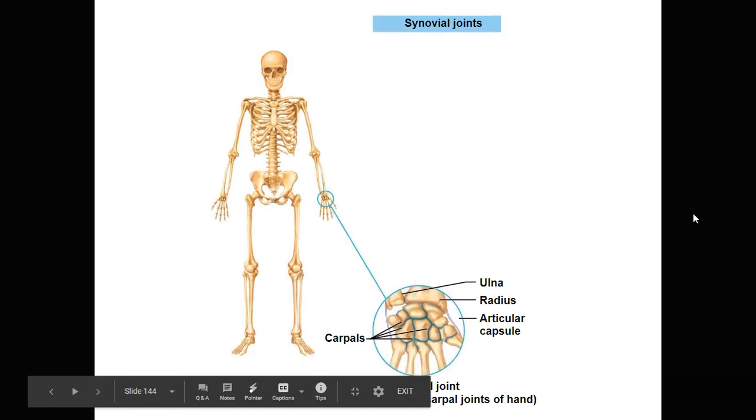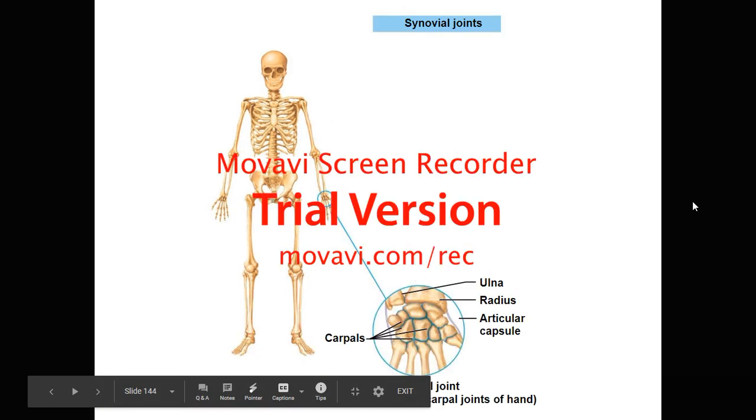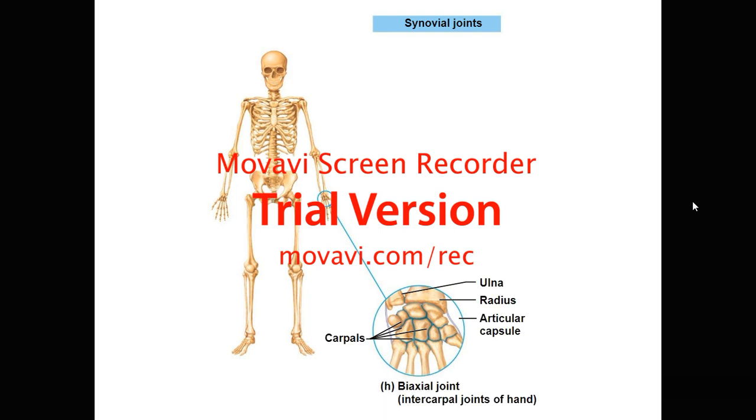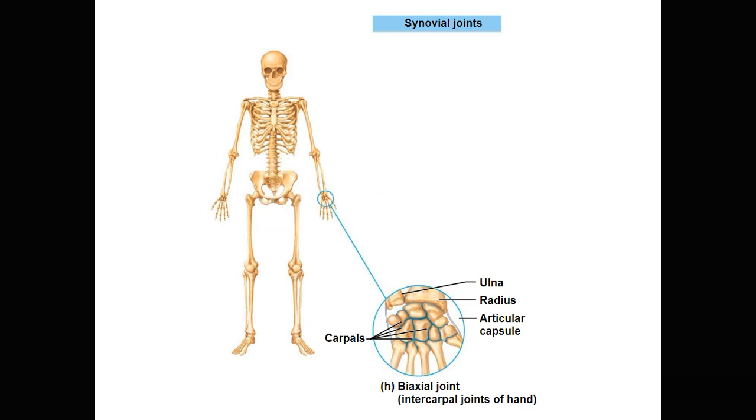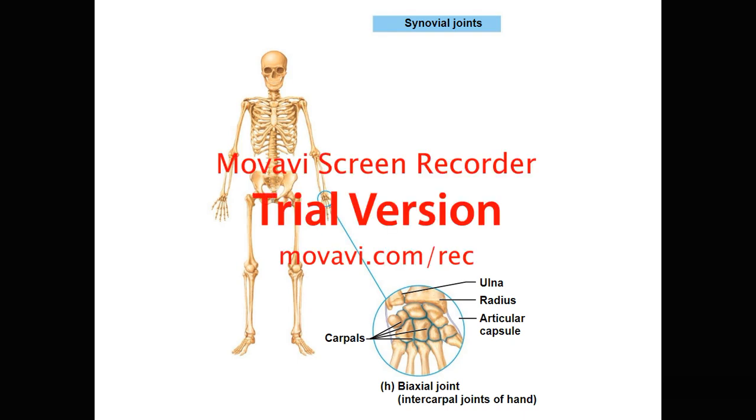Another example of synovial joints: they're showing you the intercarpal joints of the hand. The intercarpal joints of the hand are biaxial. Bi means two, so there's movement in two planes in a biaxial joint.